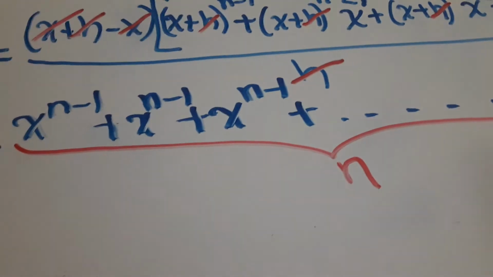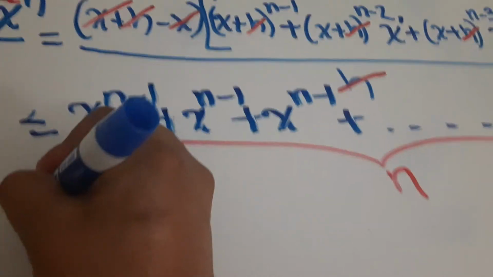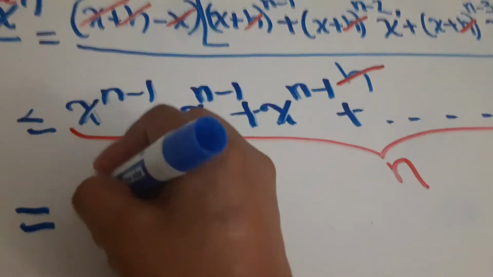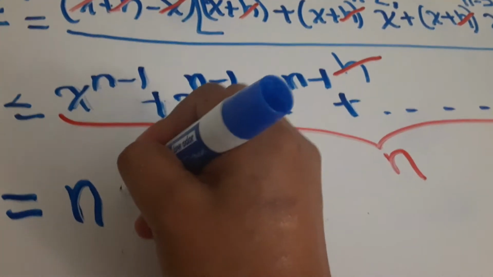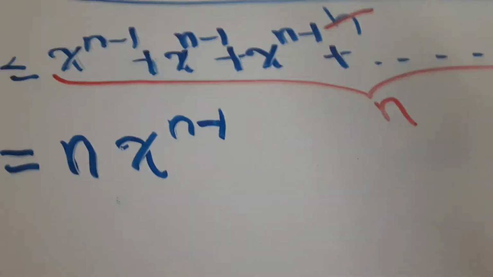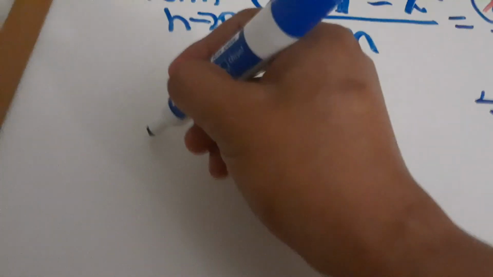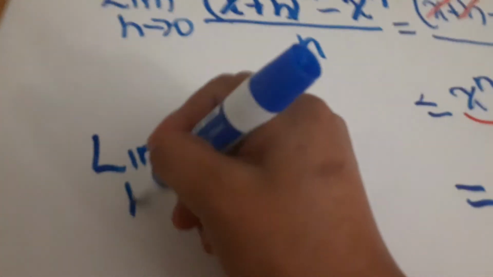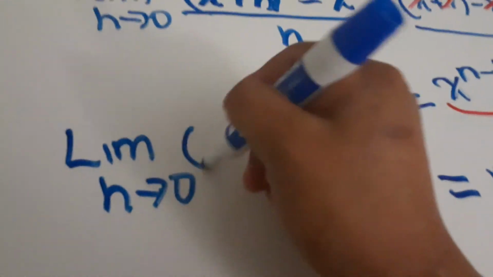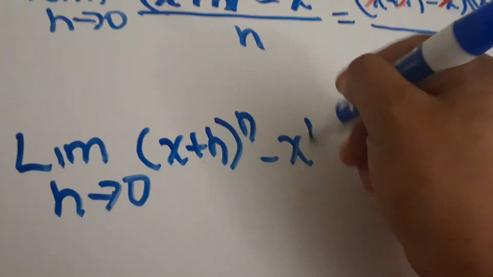All right, n terms. So let's multiply now. Since I have n terms, I have n terms times x to the n minus 1, right? Because this is the number of terms that I have, n times x to the n minus 1, which is equal on this side to the limit of h approaching 0 of x plus h raised to n minus x to the n, over h.